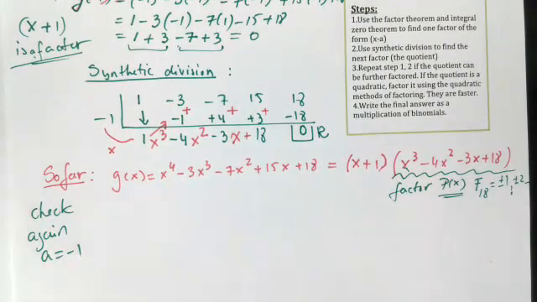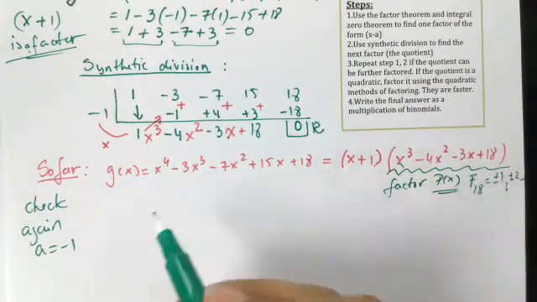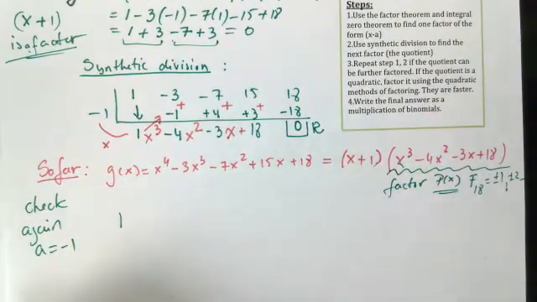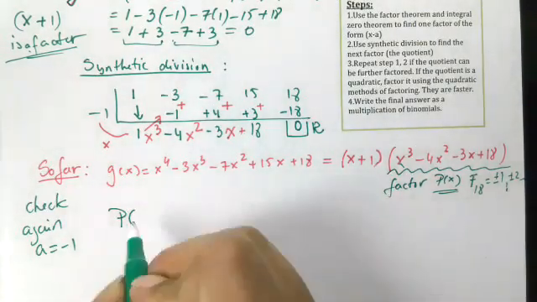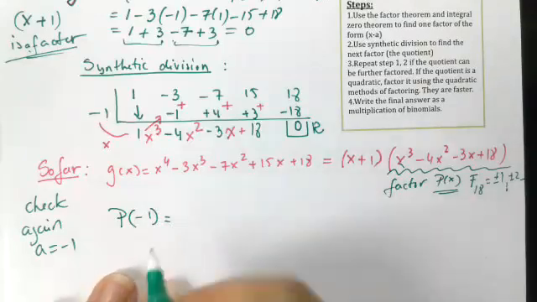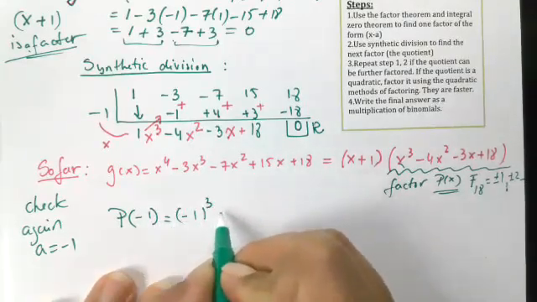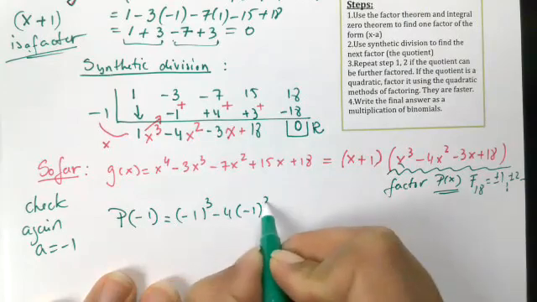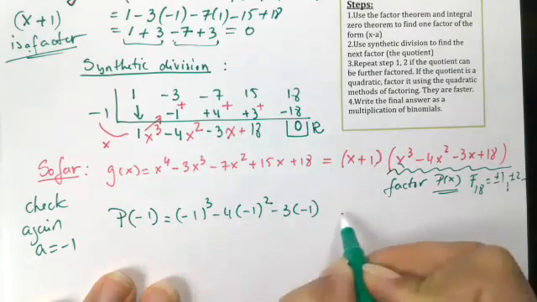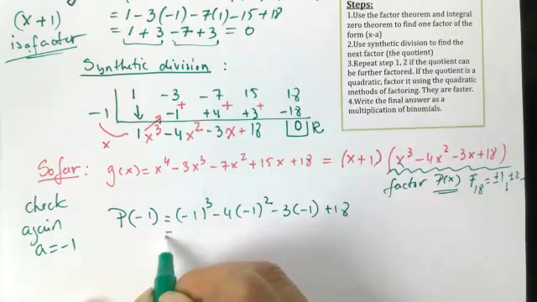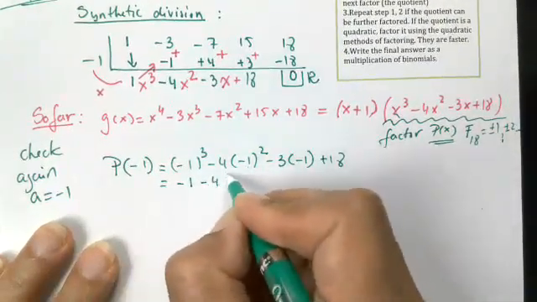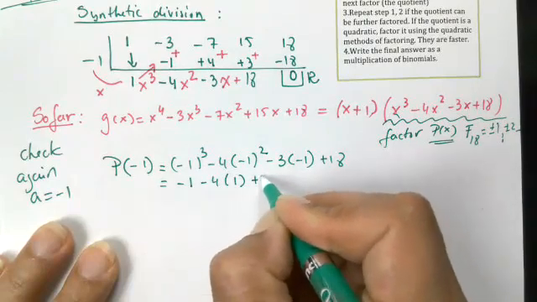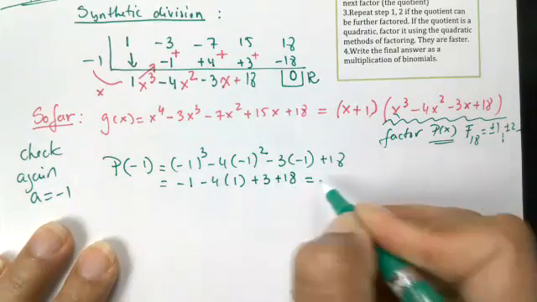So we're gonna take this polynomial coefficient. So actually we're gonna get there when we divide, but we need to check it. So P of -1 is -1 cubed minus 4 times -1 squared minus 3 times -1 plus 18. -1 minus 4 times 1 plus 3 plus 18.